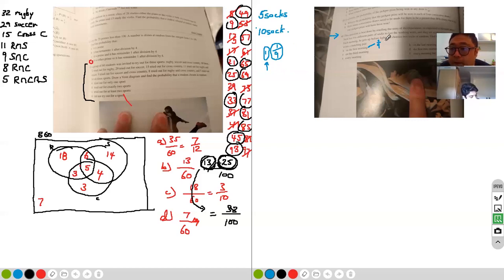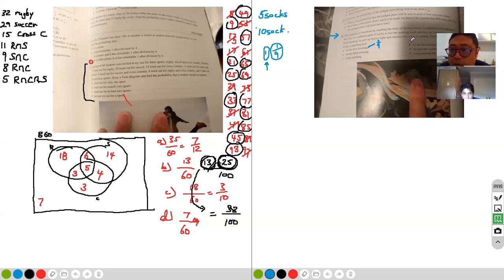On the last morning, there'd be 5 days into it, and there'd only be 2 socks left, wouldn't there?